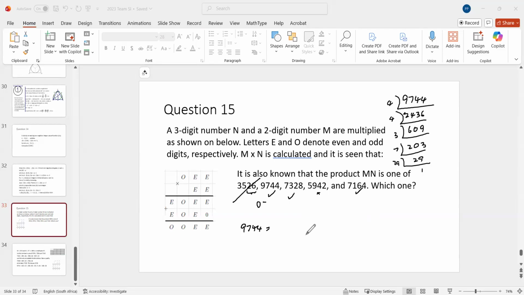So when you factorize this, you get 4 times 4 times 3 times 7 times 29.